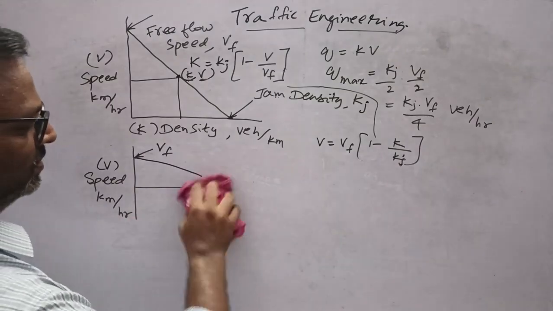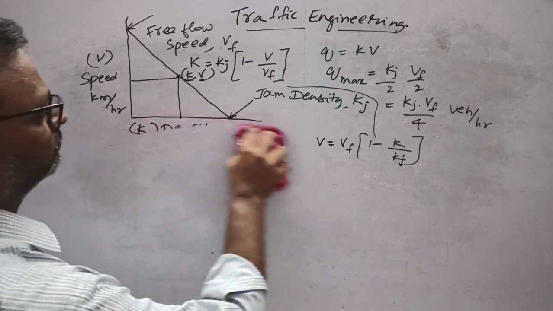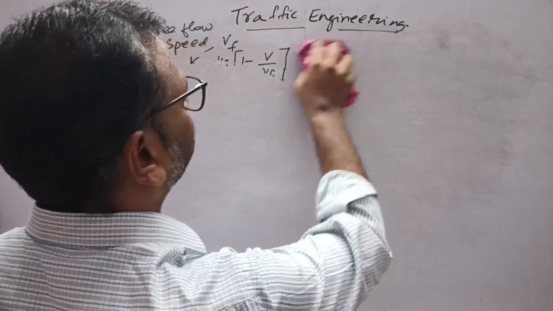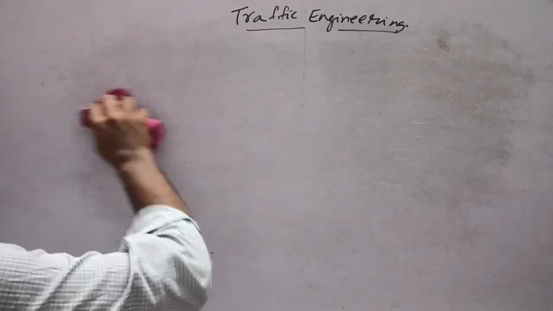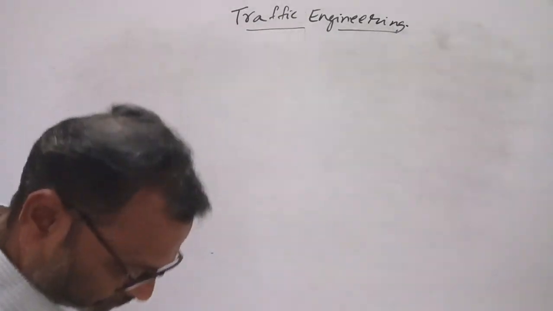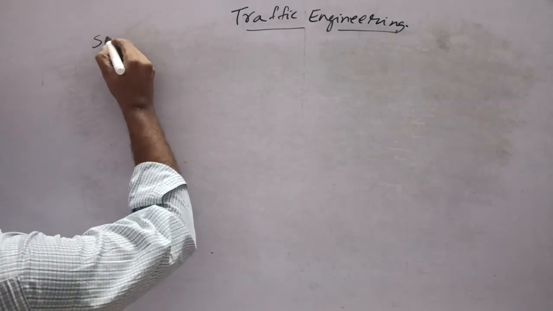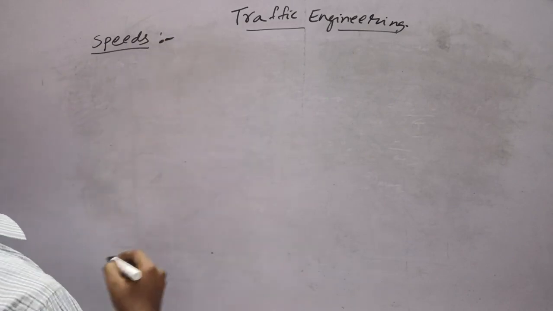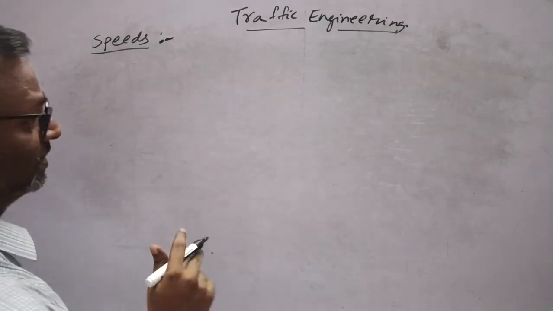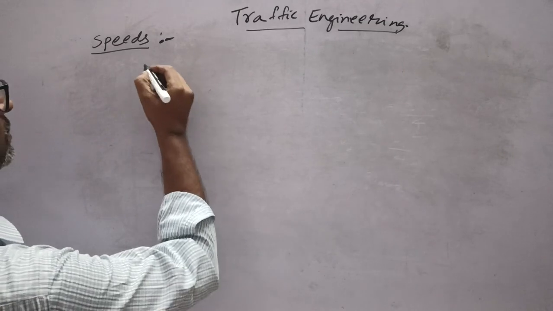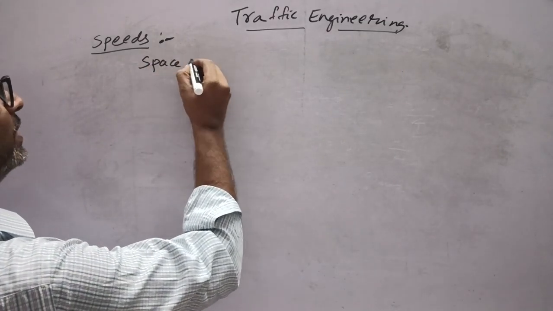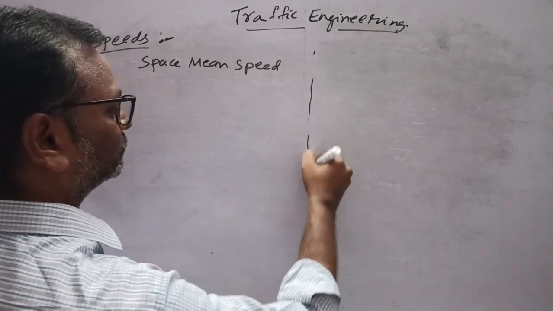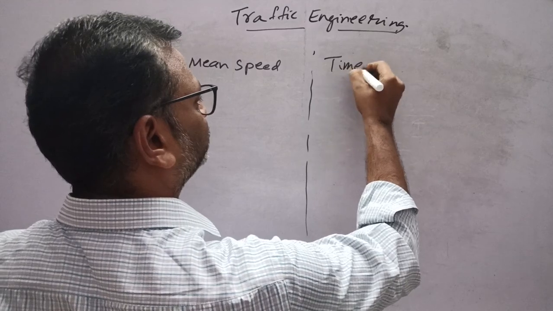We will see different types of speeds. Density, volume and all we have seen. Different types of speeds. Technically we have two types of speeds, that is space mean speed and time mean speed.